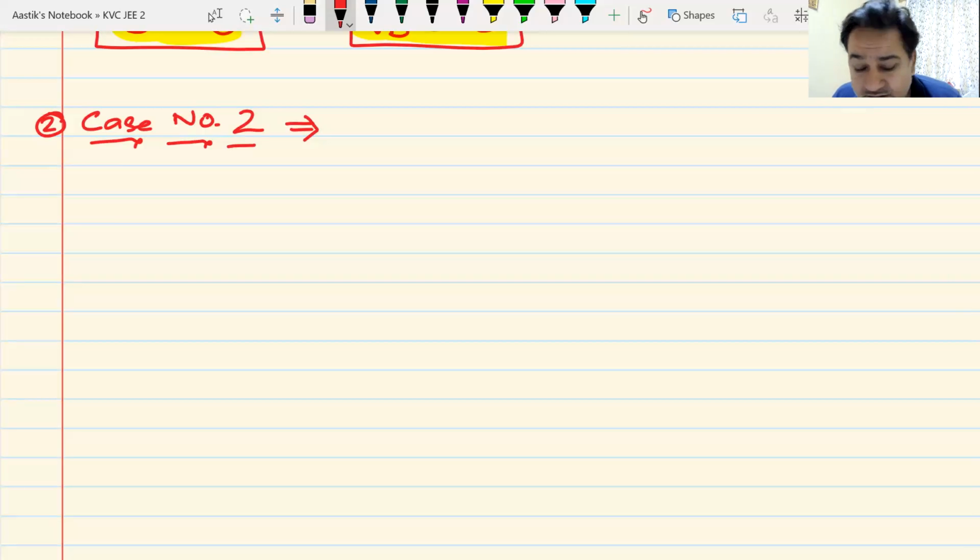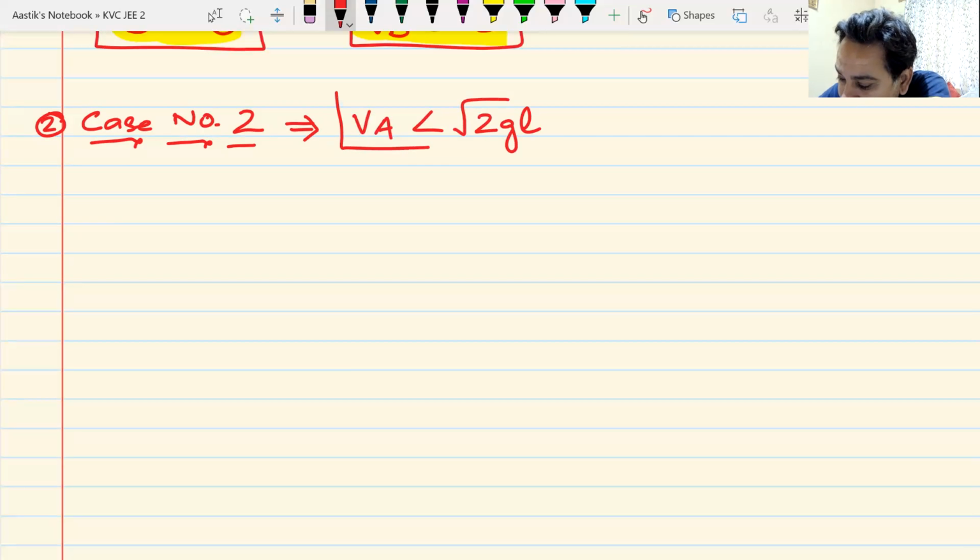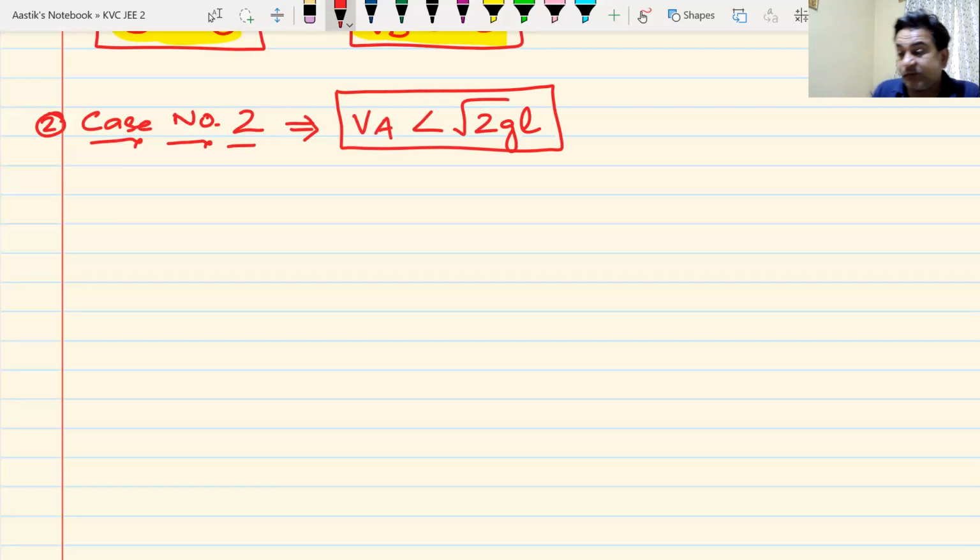I should consider the case where VA is less than root 2 GL. Does it make sense that I now see what happens if I give it a lesser velocity than root 2 GL? What will happen then?